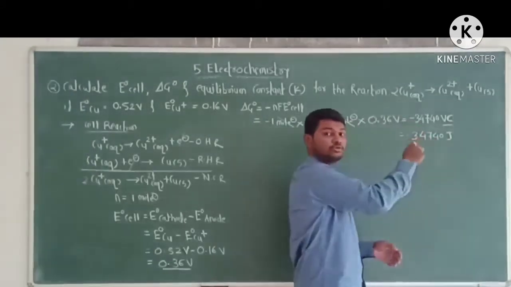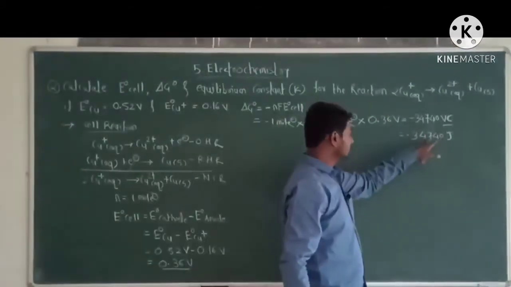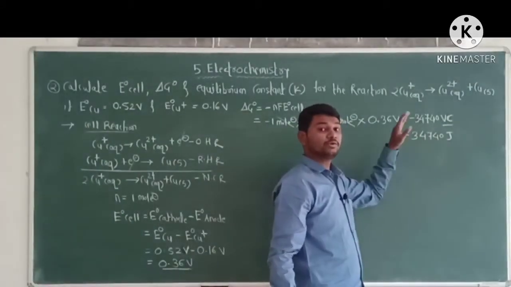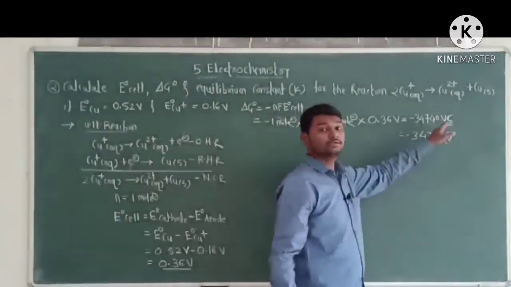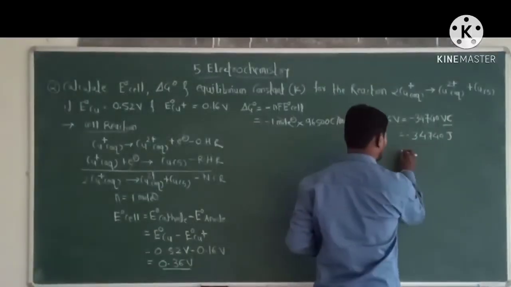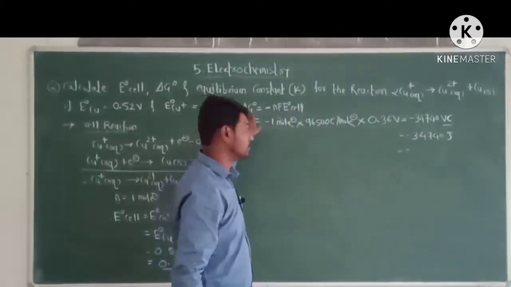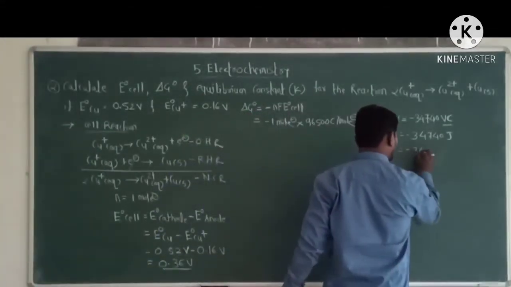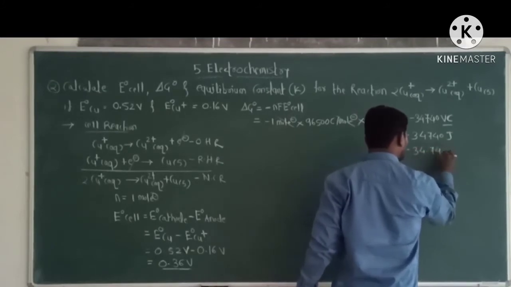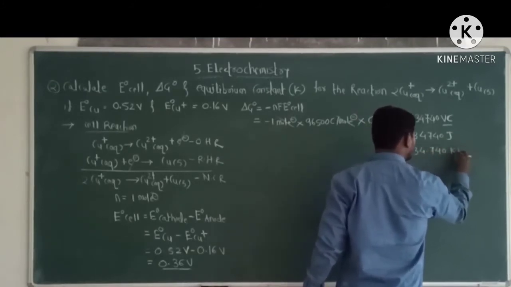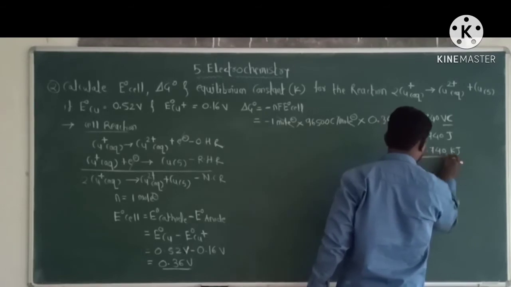Convert this joule into kilojoule by dividing by 1000. That is the final answer: delta G0 is minus 34.740 kilojoule. This is the delta G0.